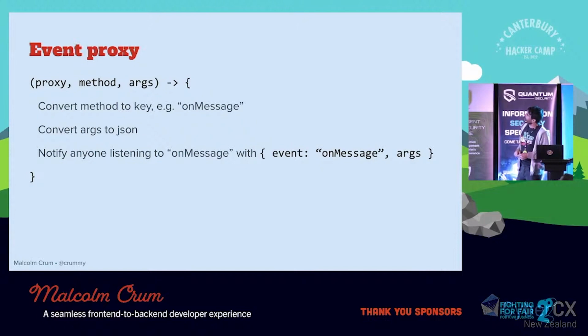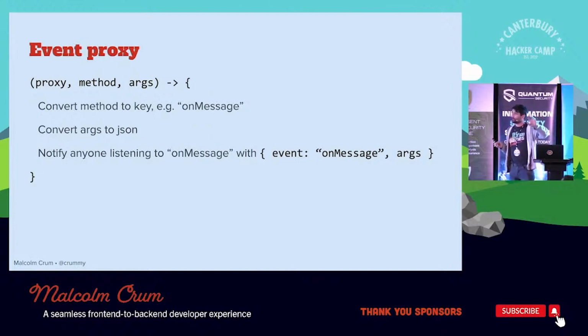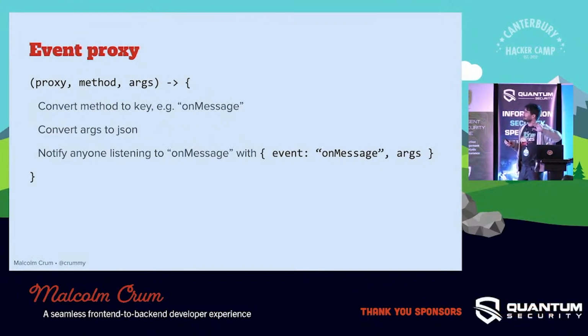The event proxy object is the special object that on the back end acts as a proxy for all of the WebSocket clients that are registered with interest in receiving particular types of messages. It simply converts arguments to JSON and then notifies any of the listeners.